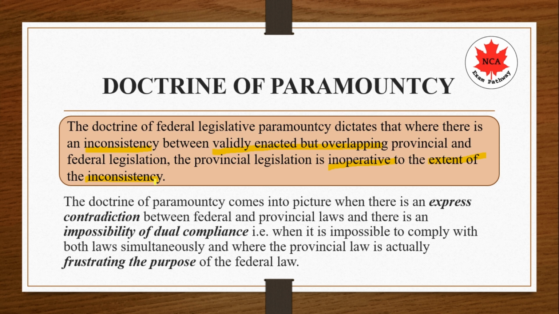So the doctrine of paramountcy comes into picture when there is an express contradiction between federal and provincial laws, and there is an impossibility of dual compliance, that is, when it is impossible to comply with both laws simultaneously, and where the provincial law is actually frustrating the purpose of the federal law.